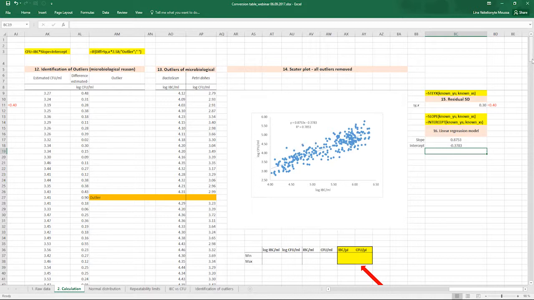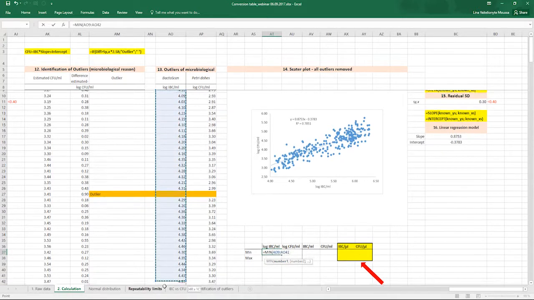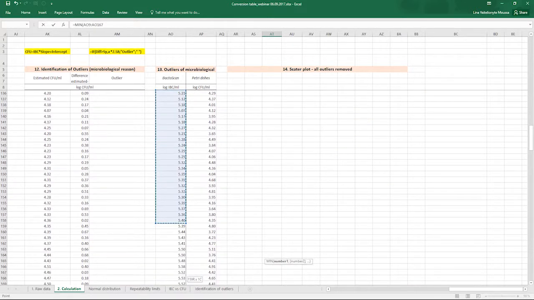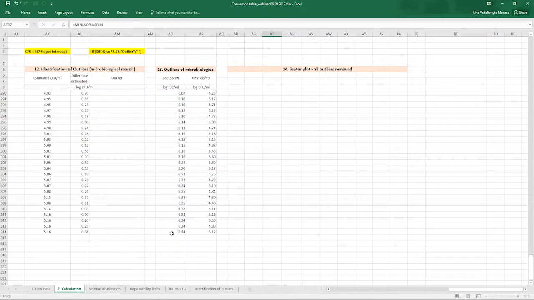So we can look now for minimum and maximum value of IBC and CFU, which will be later keyed into BactoScan. To look for minimum IBC value, we are typing minimum and we select IBC per milliliter data from BactoScan.